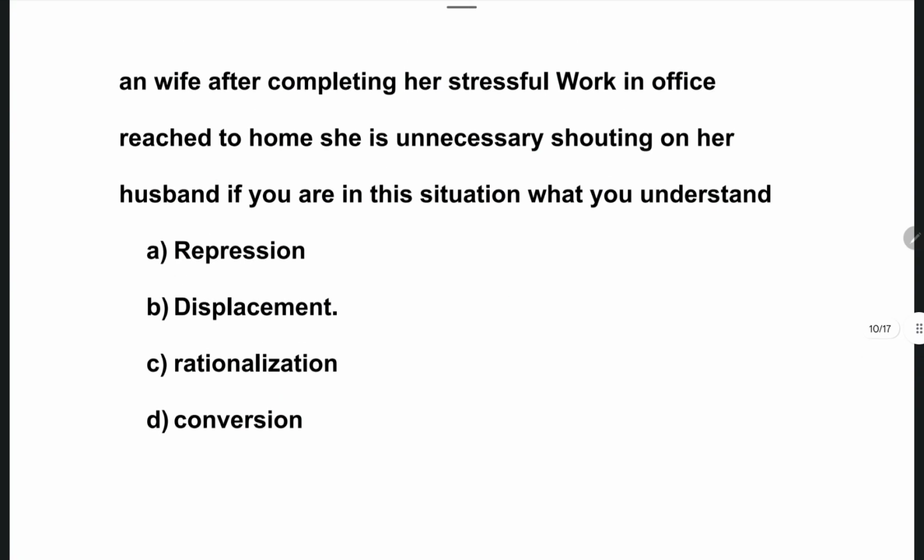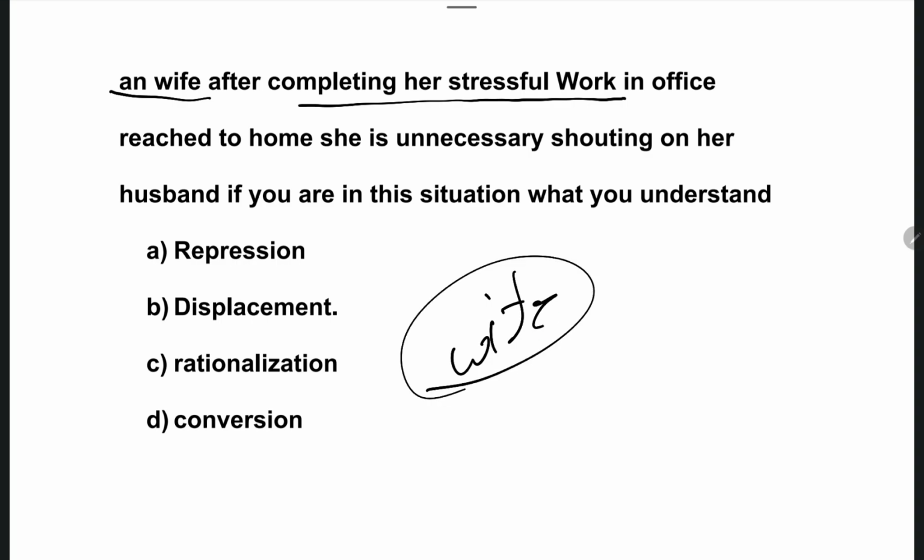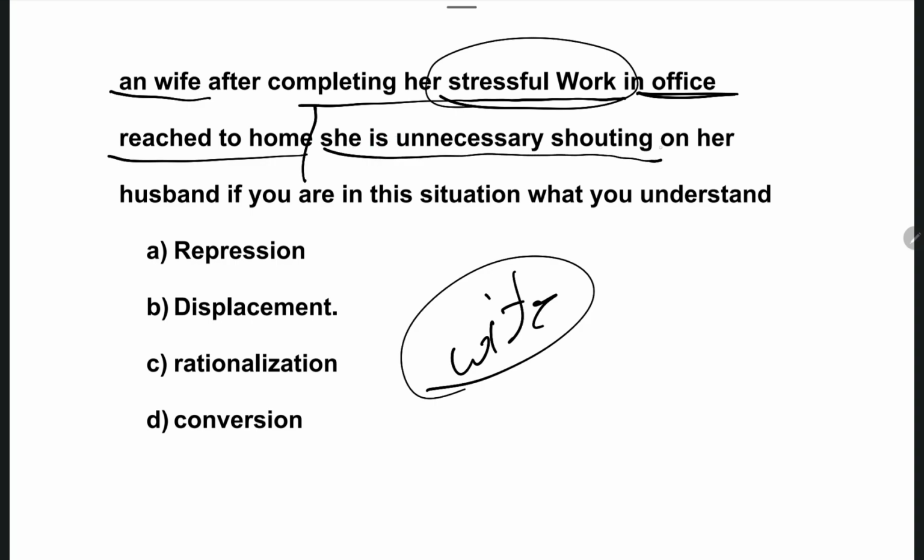The next funny question is: a wife, after completing her stressful work, nowadays wives are also working in the office with stress. So after completing office, she reached the home. She is unnecessarily shouting at her husband. Why?